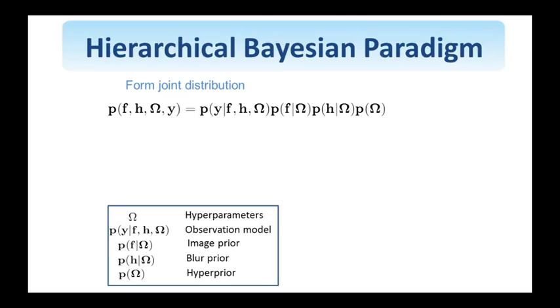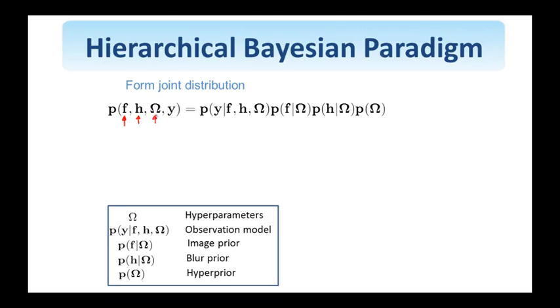So we're interested in forming this joint distribution shown here, and it's a distribution of F, the unknown original image we try to estimate, H, the unknown impulse response of the degradation system, so we are addressing blind restoration here.